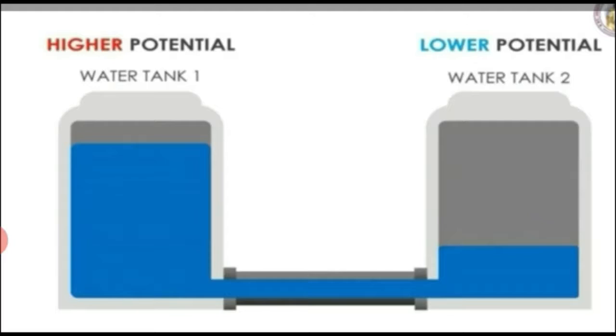Hence, there is a flow of water. There should be a difference in pressure. Similarly, for the flow of electricity, there should be a difference in electric pressure. This difference in electric pressure is called potential difference.